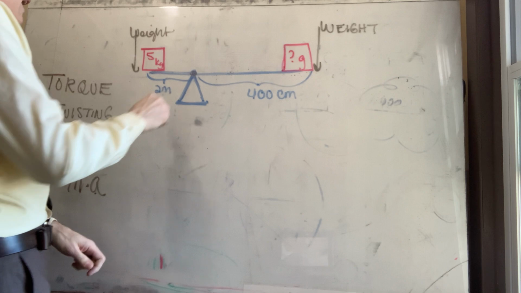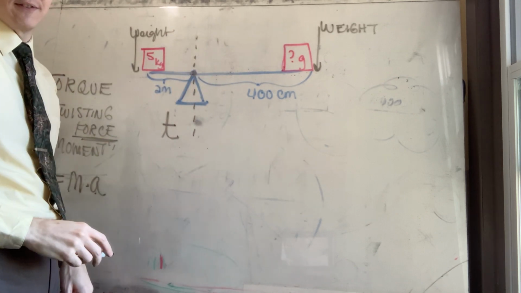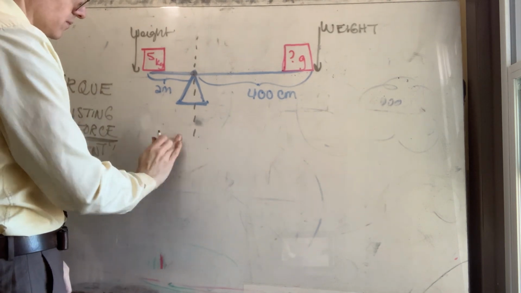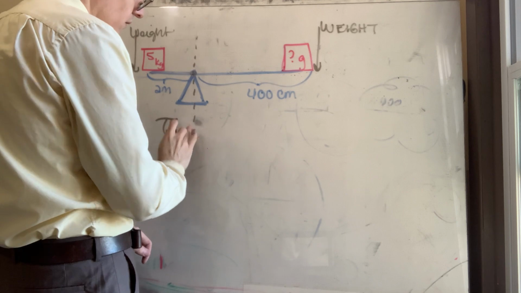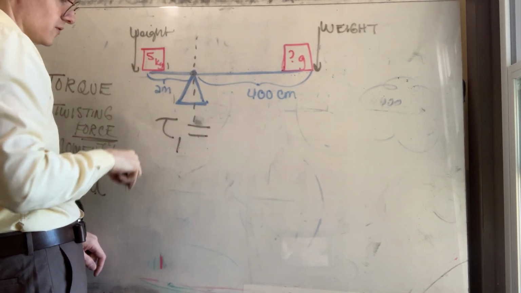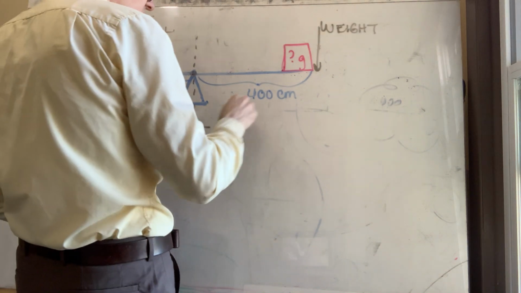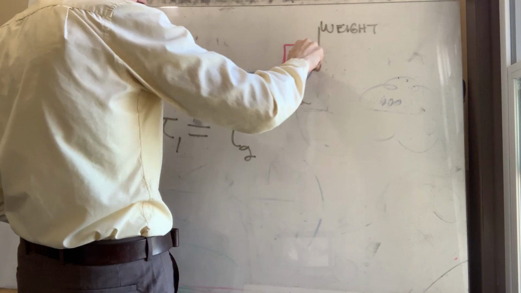So, we have a torque here, which I'm going to just abbreviate T. It's usually tau, the physical symbol for this, tau. Right? And it's the first one. This is the first mass and this is the first length. And this second torque here is from these two things.